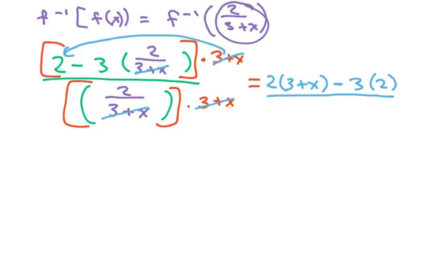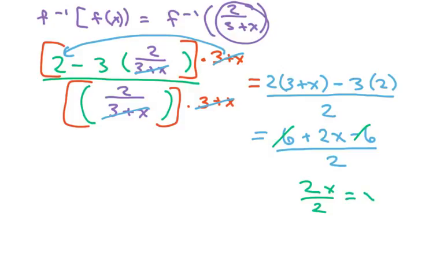That just cancels, so we just get 2. So I'm going to simplify. I'm going to get 6 plus 2x minus 6 over 2, and these two cancel. 6 minus 6 is 0. I get 2x over 2, and that equals x. So that's how you verify.